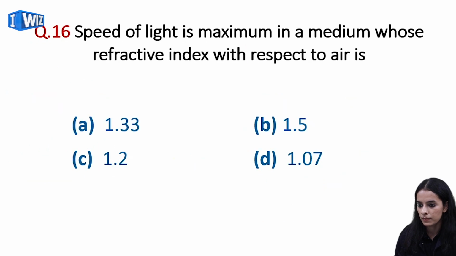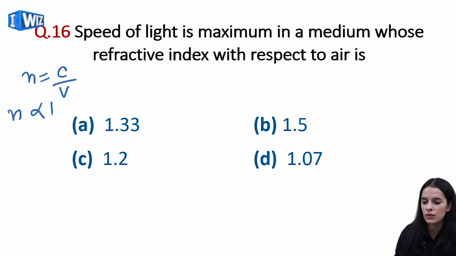Next. Speed of light is maximum in a medium whose refractive index with respect to air is. Refractive index, as I already told you, is the ratio of the speed of light in vacuum to the speed of light in the medium. It means refractive index is inversely proportional to the speed. The more the refractive index, the less the speed. The less the refractive index, the more the speed.